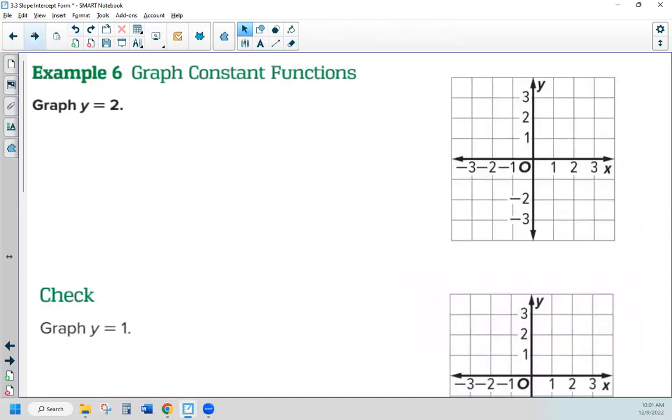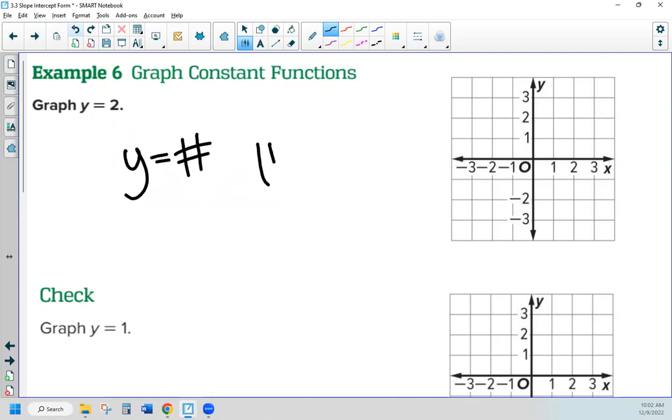6. What do we got? We now have an equation that doesn't have an x. Hopefully, I don't need to explain this one. We've talked about this before. Remember that when we have y equals any number in the world, that is actually a horizontal line.